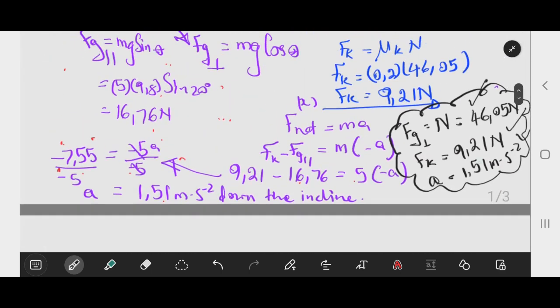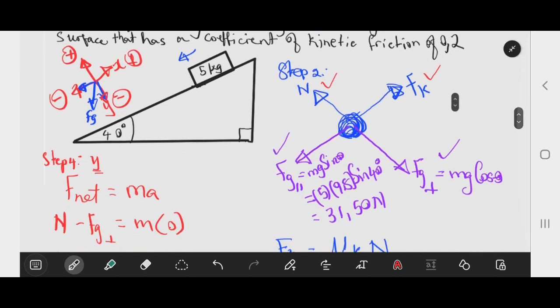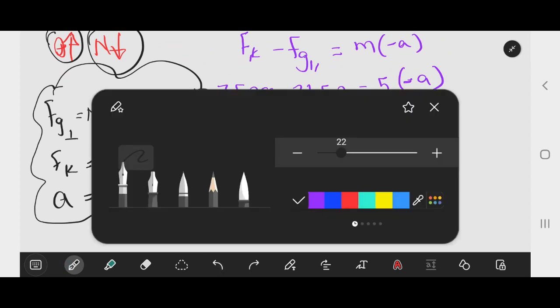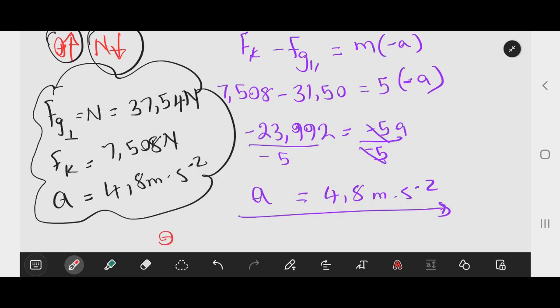Friction, we obtained 9.21 when the angle was 20 degrees, but now the angle is 40 degrees and we have obtained 7.5. So when you increase the angle of inclination, the friction also decreases, right? And now what about the acceleration?